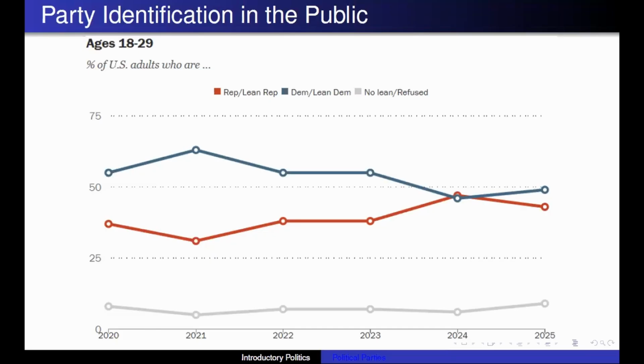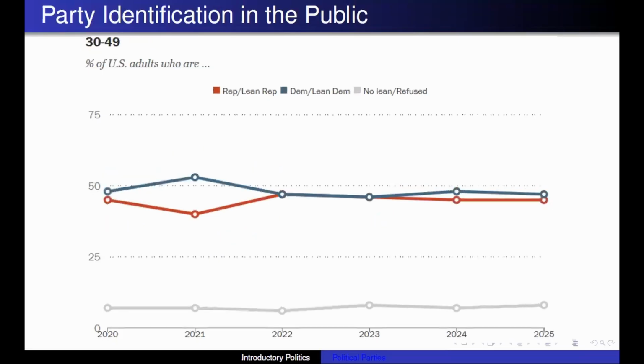Now in 2025, this tends to return back to what is typical in the data, where those who are in this age category generally identify as Democrats, but again, the gap is quite narrow. When we go to a slightly older age demographic, the age demographic of 30 to 49, we see a really interesting story here, which is that it's basically split 50-50.